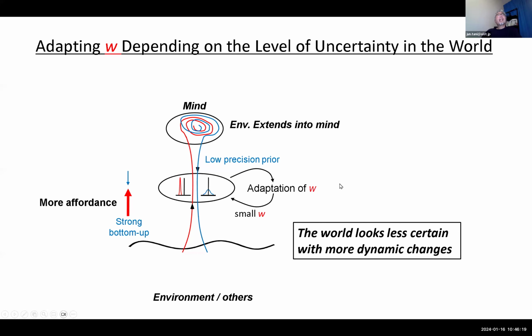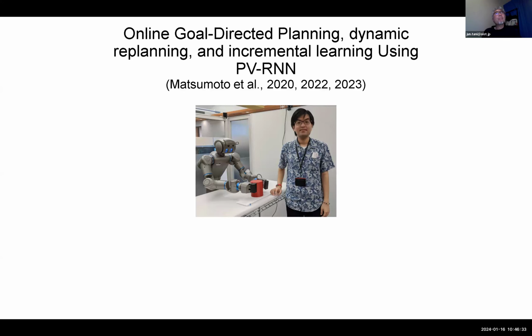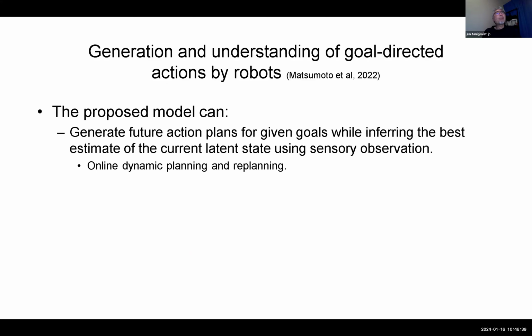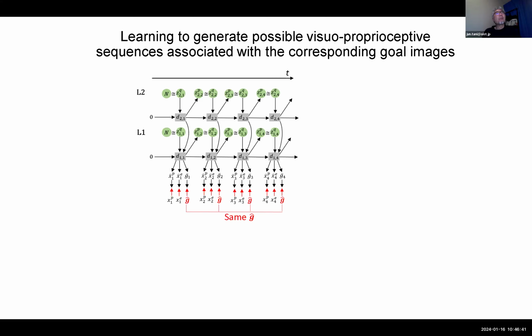So we are now working on how to adapt W autonomously. That is a current ongoing study. I think I already talked about 45 minutes, and I have one more topic about goal and dynamic online goal planning, but I probably cannot have time to do this.